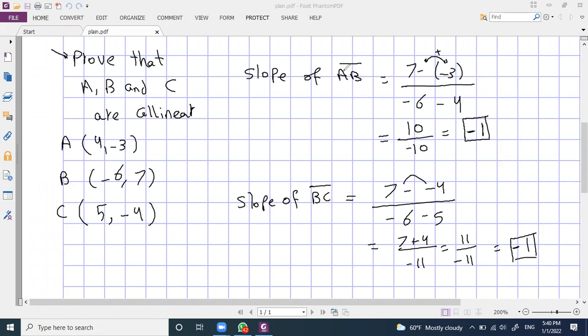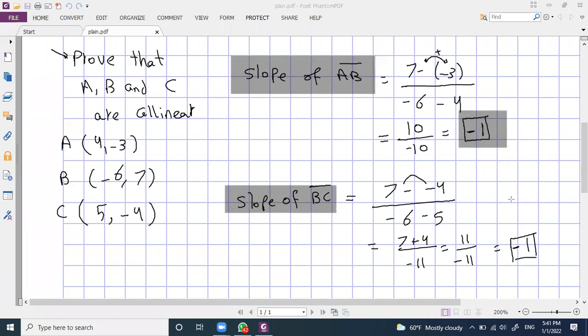So now we proved that the slope of AB is equal to the slope of BC. It is equal to -1, and this one equals -1. So A, B, and C are collinear.